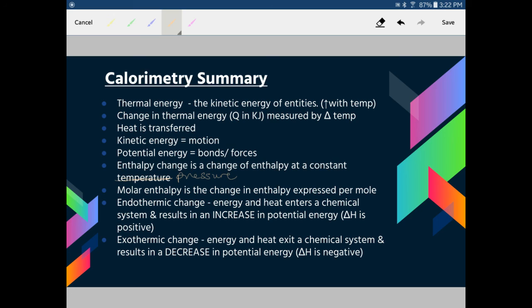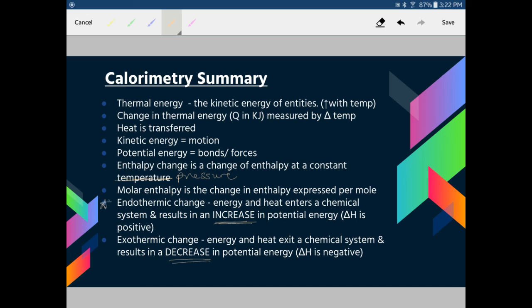Now we have our endothermic change: energy and heat enter a chemical system and result in an increase in potential energy. So we have a positive enthalpy. In exothermic reactions, energy and heat exit a chemical system and result in a decrease in potential energy, meaning that our delta H is negative.